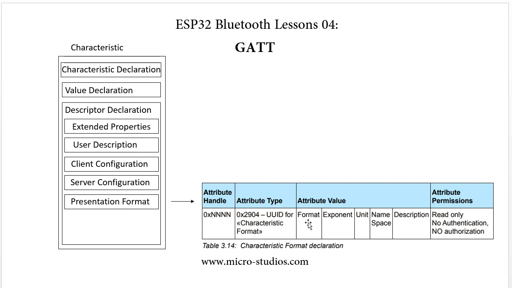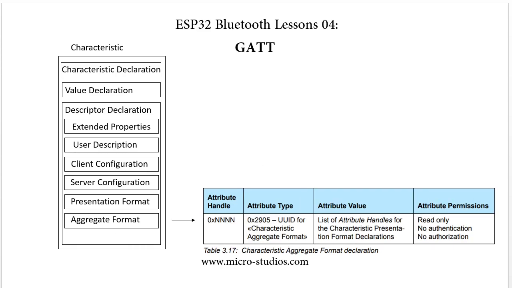It tells us what kind of format this value data is using, for example, hex or decimal or anything else, what kind of unit it uses, and also whether the value has an exponent or not. So this one is very important. The last one will be aggregate format.